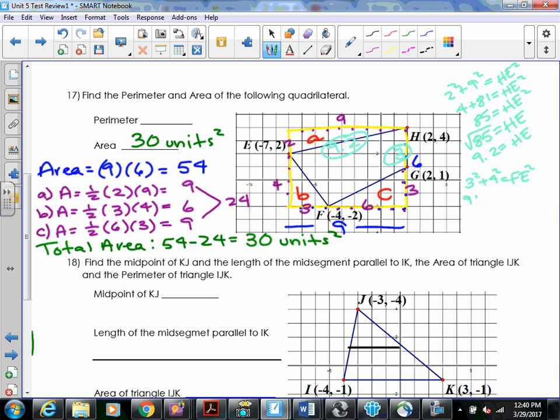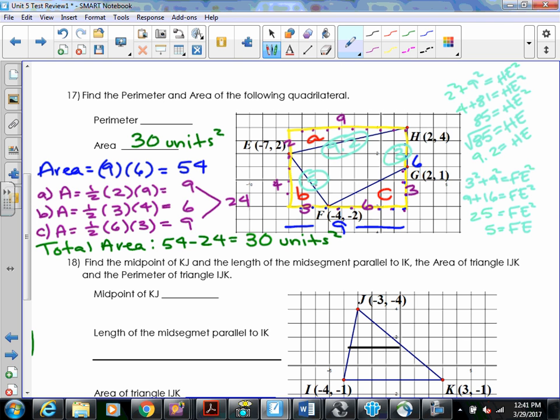So that's 9 plus 16. Add. And FE is equal to 5. Let me erase that out. Okay, so FE is 5.